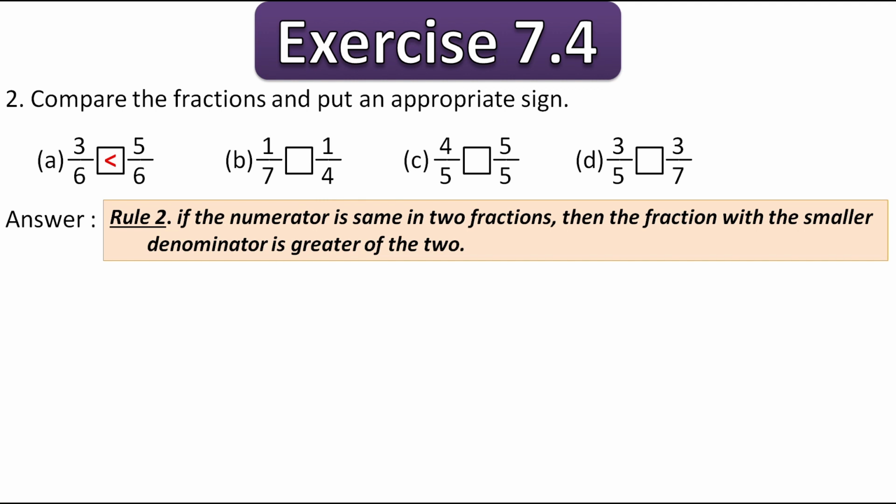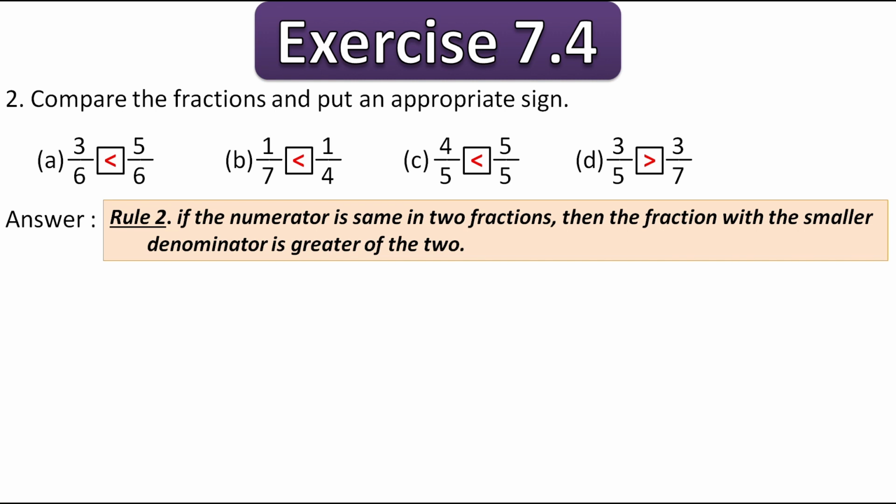So here we have 1 upon 4 with the smaller denominator, therefore this fraction is greater than 1 upon 7. Now here we have the denominator same, so we use rule number 1, that with the smaller numerator it is the smaller fraction. Now here we have the numerator same, so 3 upon 5 is greater than 3 upon 7.